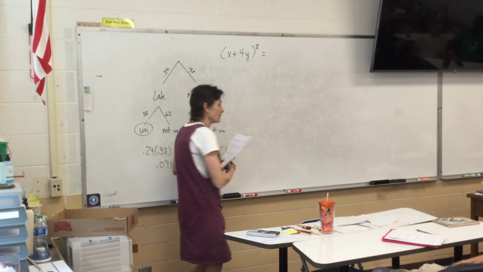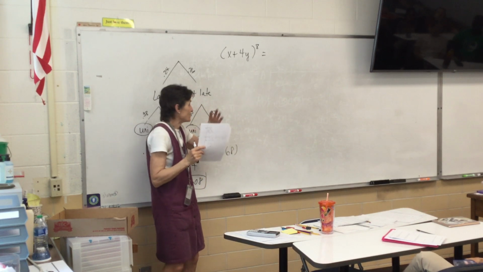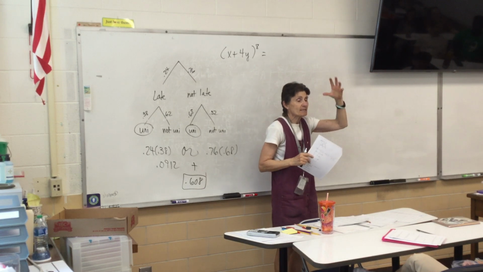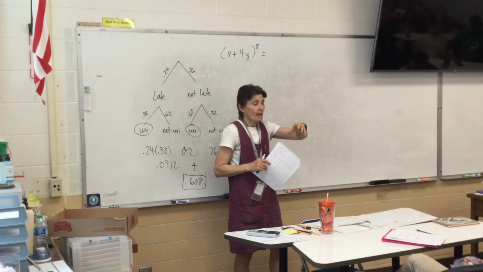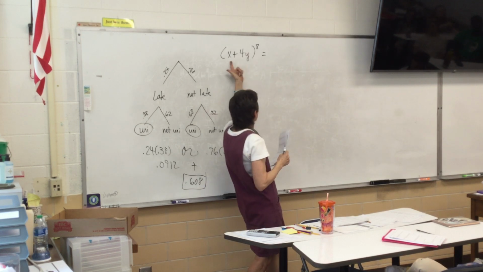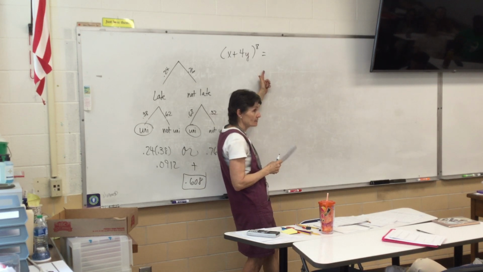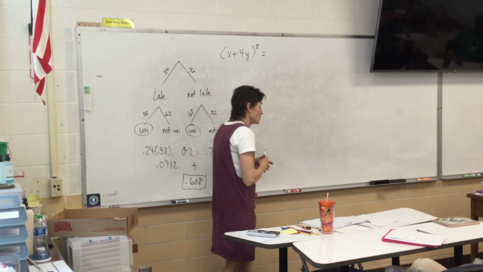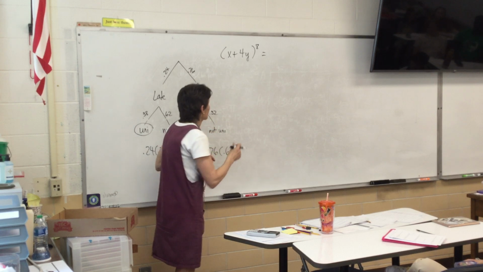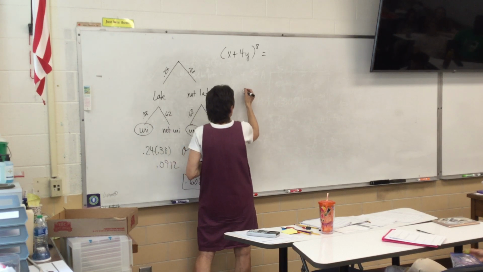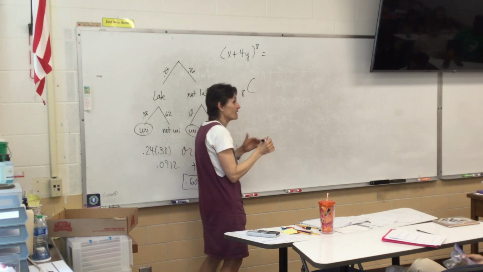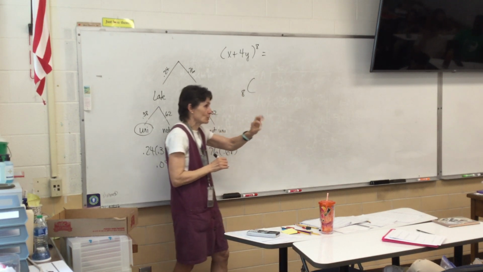Now I want you to think about when we expanded these things, when we wrote them all the way out, the big long things. Every single term has a coefficient, a number, an x, and a 4y. So the first thing I'm going to do is figure out what that number is. Sir? Would it be 8C4? Well, it's 8C something, and it might be 4, but I'm going to count it just to make sure.